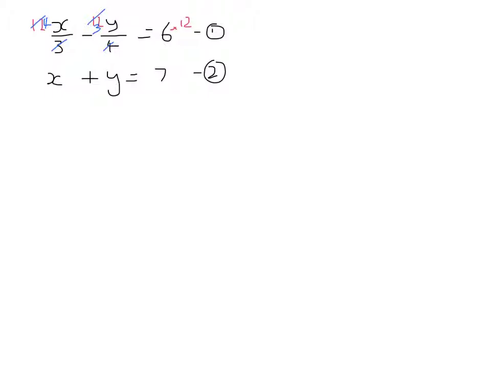So that now gives me an equation of 4x take away 3y equals 72.